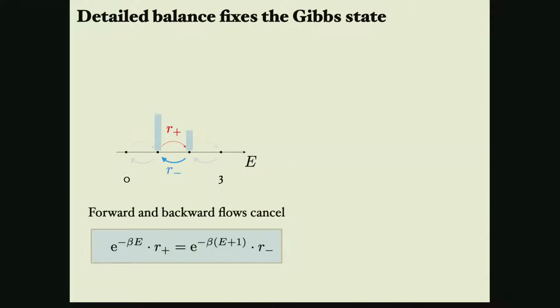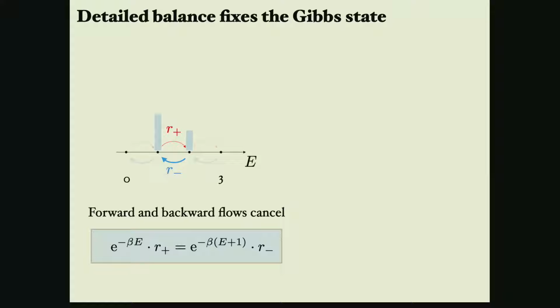So let's illustrate from this simple model. There's this idea called detailed balance. It is a very nice ansatz that gives you the Gibbs state as the stationary state. This ansatz doesn't always hold, but in many cases, if you're designing a chain, it's convenient to have it.